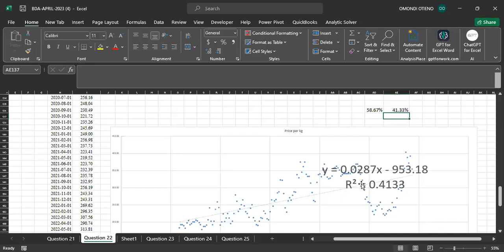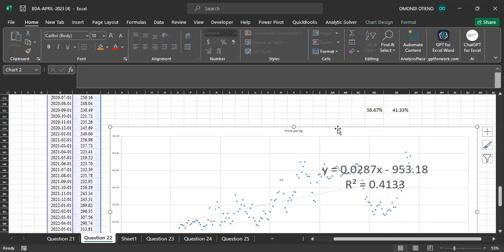So you are now explaining the R squared. It is only 41.33% of the changes in the selling price which are affected by the date. The remaining 58.67% are explained by other factors which are not under consideration. And therefore, it confirms that this output here is not statistically significant.